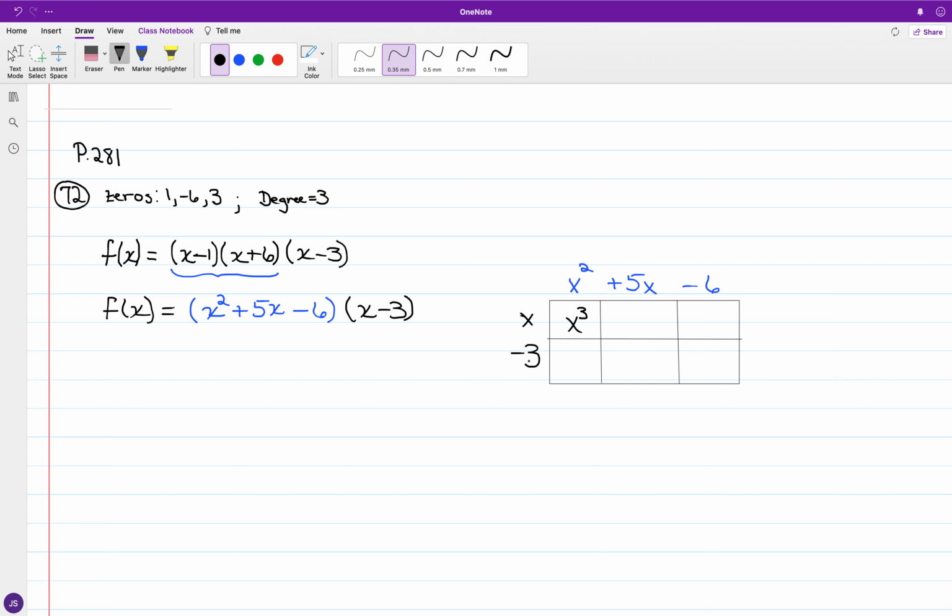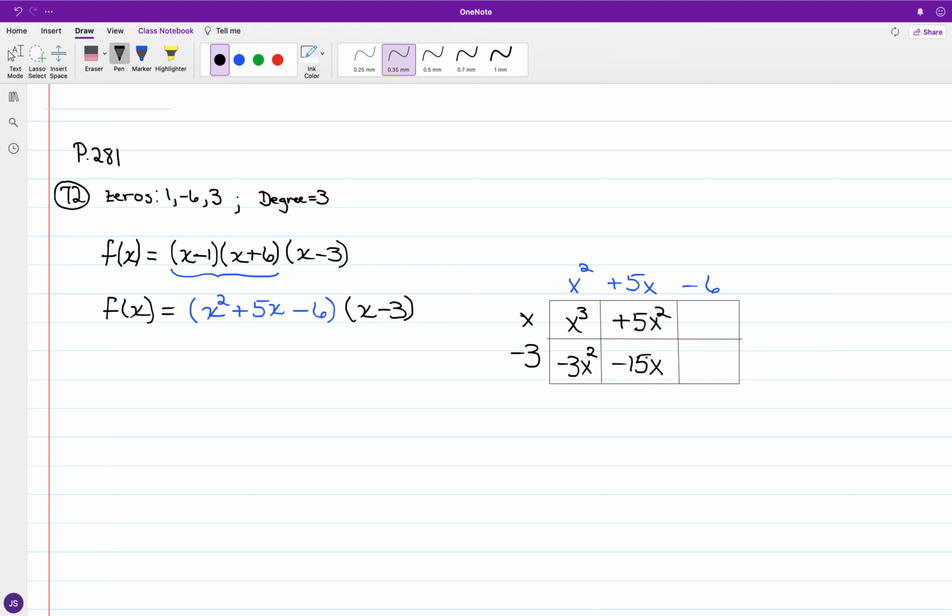And moving down, we have negative 3 times x squared. And then with the next column, we have x times 5x, so this is going to be 5x squared. And moving down, we have 5x times negative 3, so this will be negative 15x.